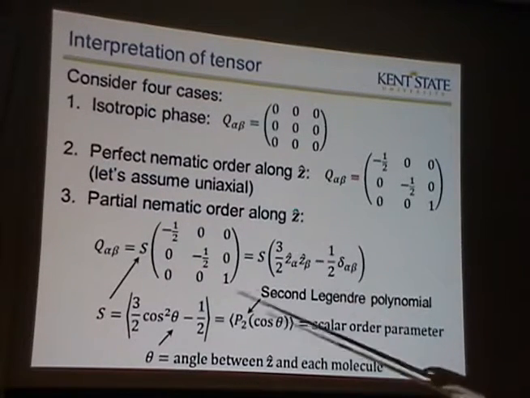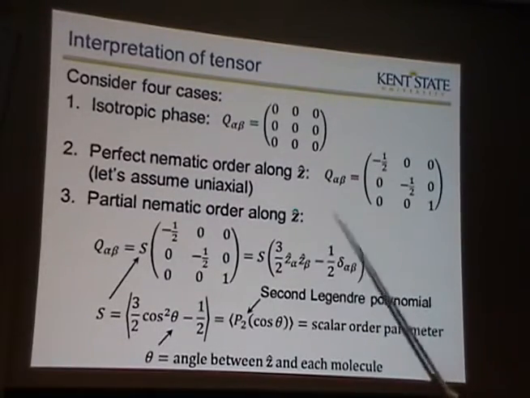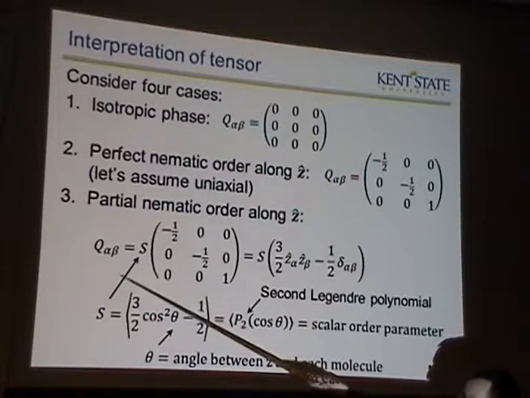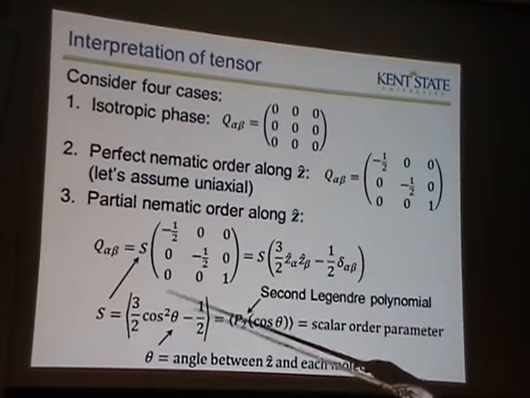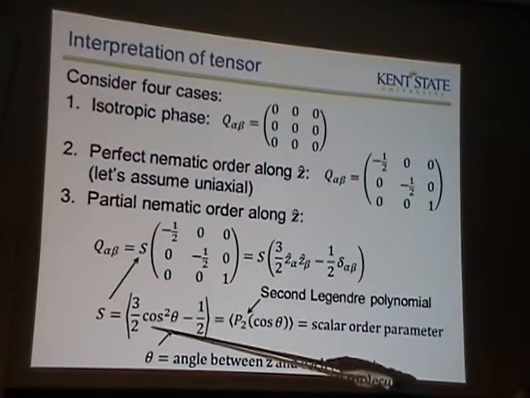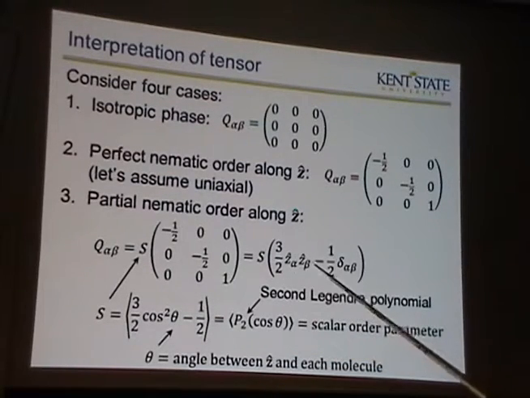It's not going to be this thing, but it's going to be this thing times some factor S, where S works out to be 3/2 times the cosine squared of theta minus 1/2, right?